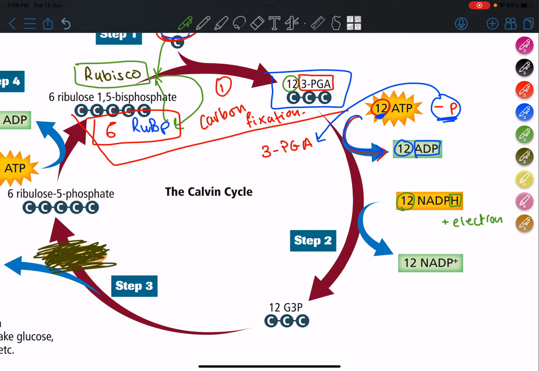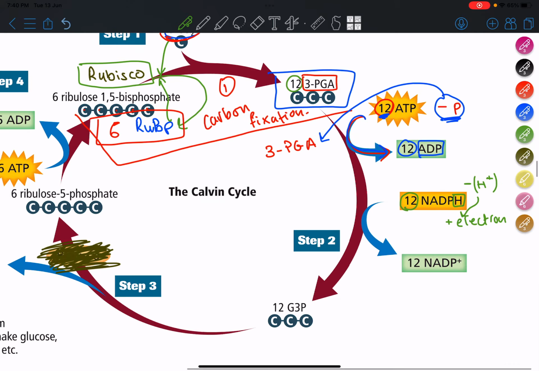So the NADPH will lose a hydrogen ion and an electron and give them to the 3 PGA. So the NADPH turns into NADP+. They go back to how they were before, if you remember the electron transport chain. Okay, so what happens in the second step, which is the reduction step?